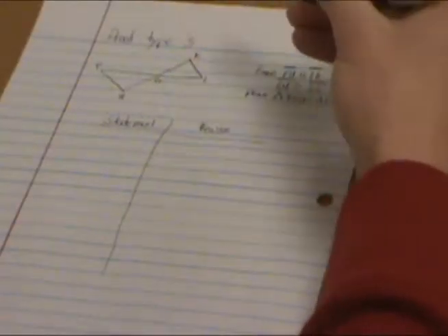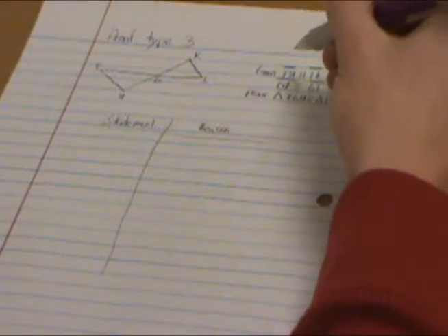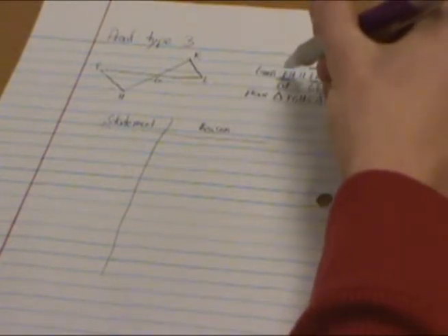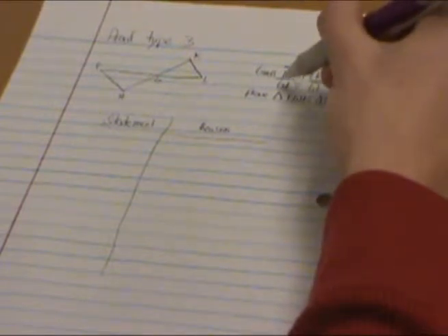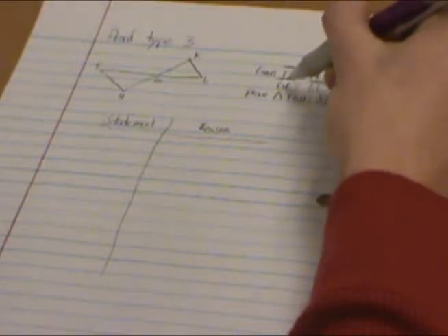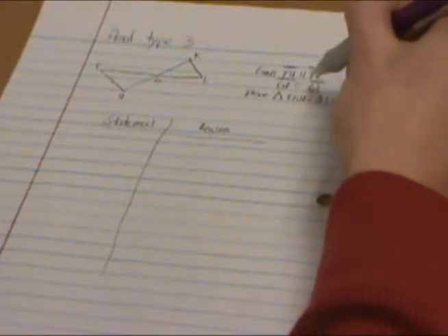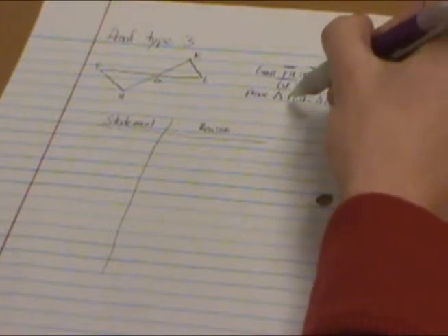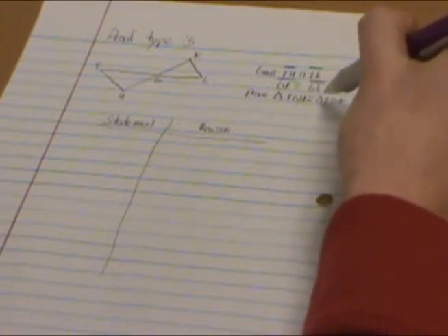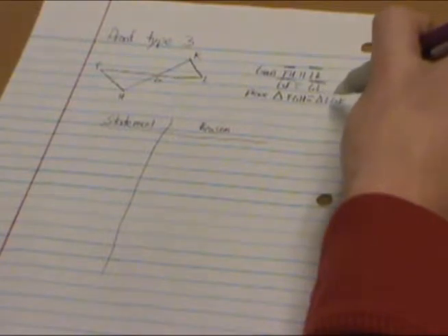This is proof type 3, and we have two givens. We have line segment FH is parallel to LK, and line segment GF is congruent to GL. And we are trying to prove triangle FGH is congruent to triangle LGK.